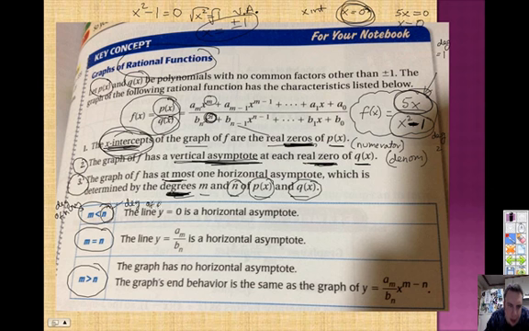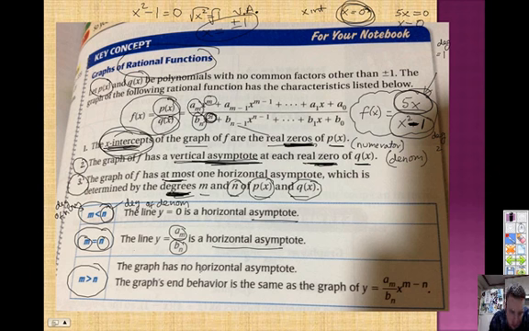What if that's not true? What if the degree of the numerator is equal to the degree of the denominator? Then this divided by this is a horizontal asymptote. I'll get to that one later. Basically it's the coefficients: 5 over 1 for x squared, if that was true, but it's not.